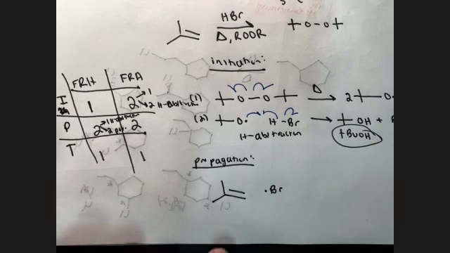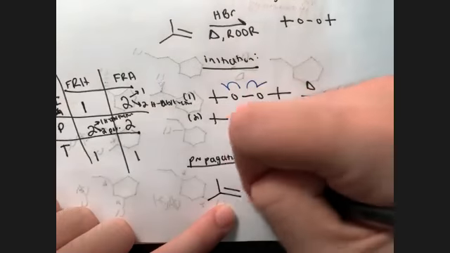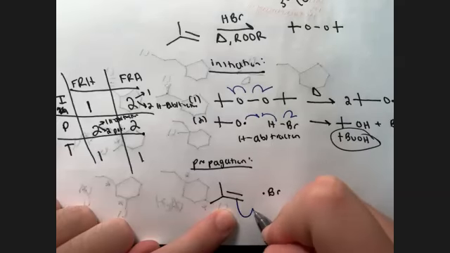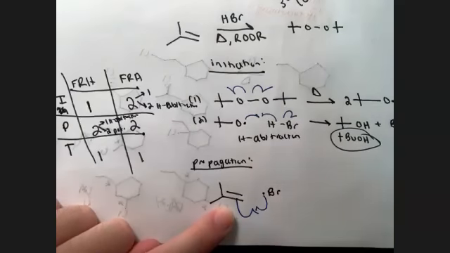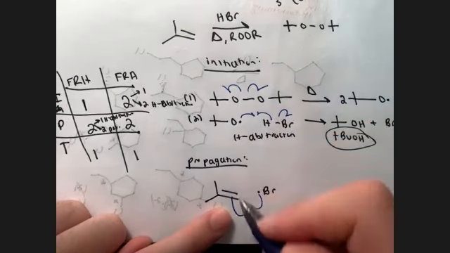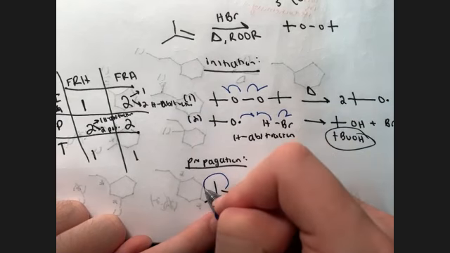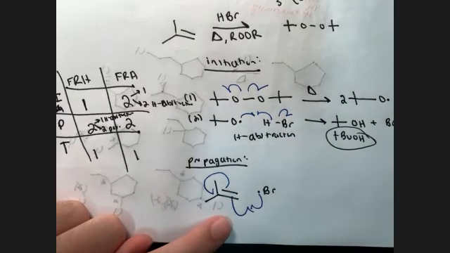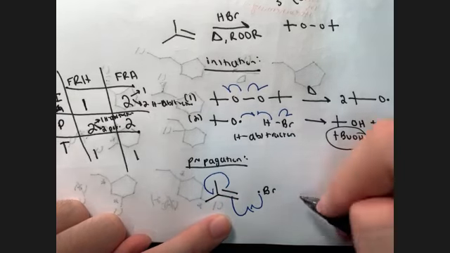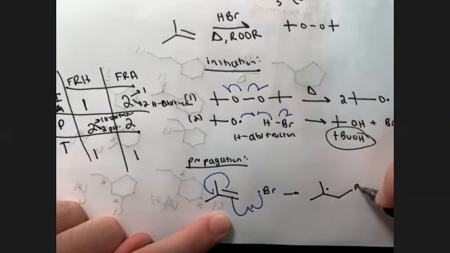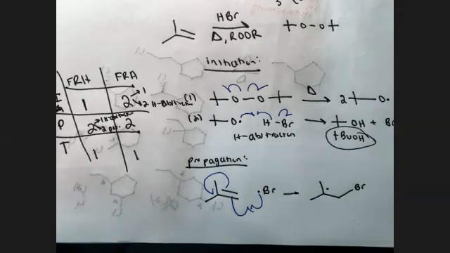So let's think about that. This 2 electron bond, one of those electrons is going to meet the 1 electron of the bromine and form a carbon-bromine bond. But the extra electron retained from this pi bond is going to go on the more substituted position, because that's the more stable position. So you form a tertiary radical where the bromine was added on the less substituted side.